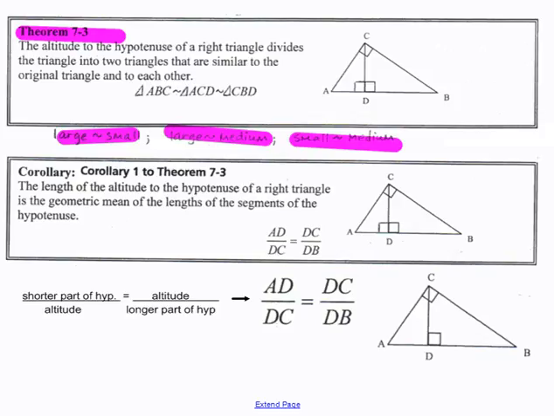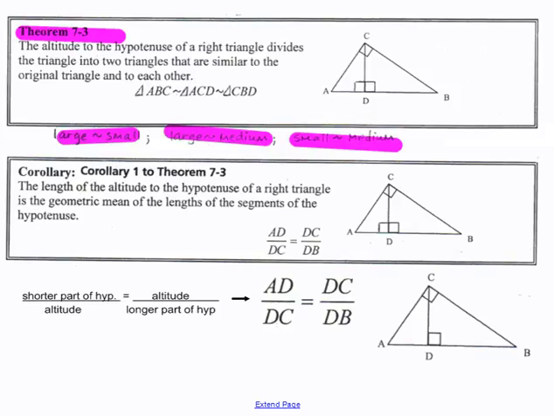So now, moving forward, we're going to be looking at the corollary that goes along with that. It says here that the altitude of the triangle is going to give us some proportions. By proportions, I mean the ratios like we've been doing.